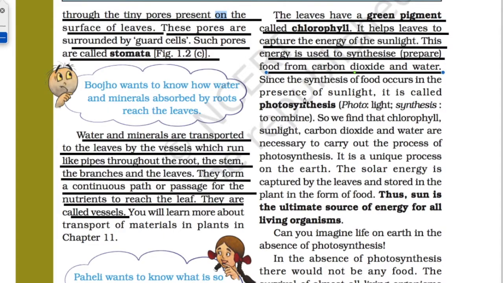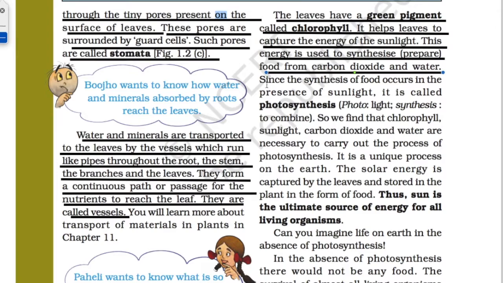We call leaves food factories, but every plant part contributes something in the process of preparation of food. Since the synthesis of food occurs in the presence of sunlight, it is called photosynthesis.